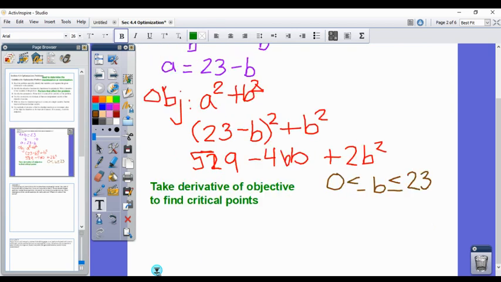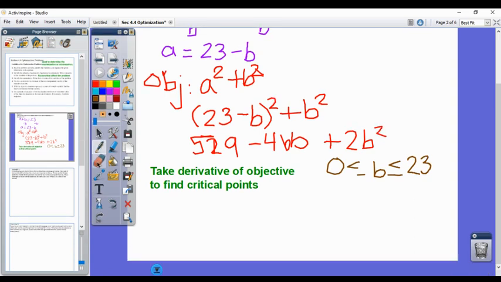Okay, and so we're going to use the objective function that we have substituted the value in so that we only have b's. All right, so I'm just going to say f prime of b, because f is just my objective function in this case, is going to be negative 46 plus 4b.